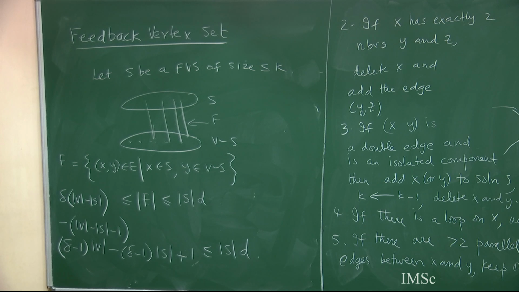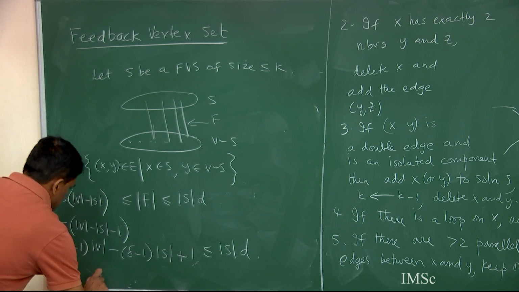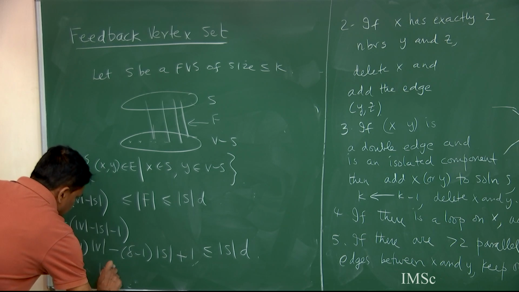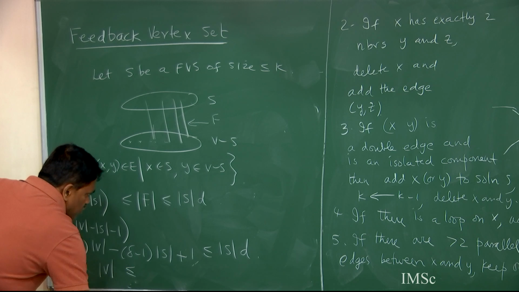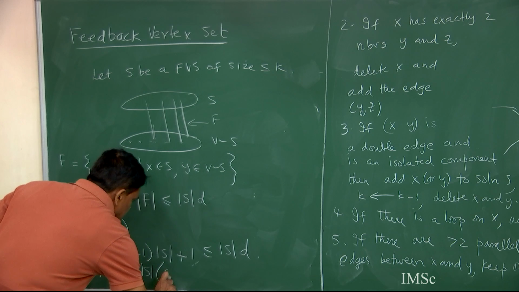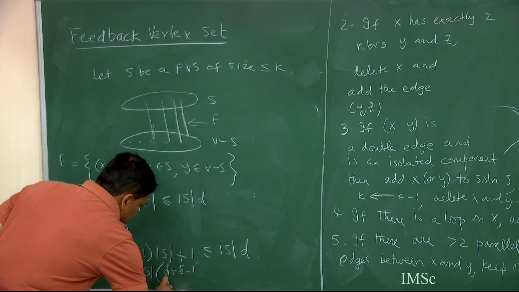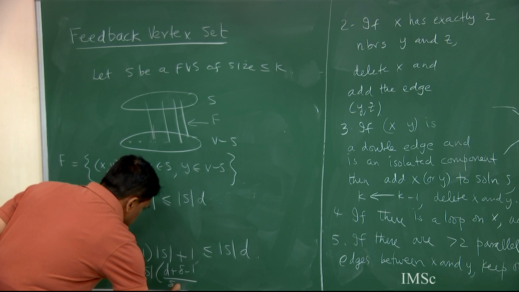Minus the cardinality of S, so it's delta minus 1, yes. So let's take all of this. My cardinality of V is less than or equal to |S| into d plus delta minus 1 by delta minus 1.